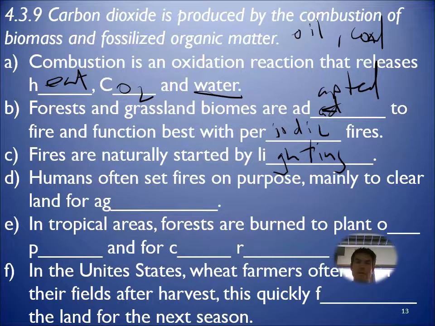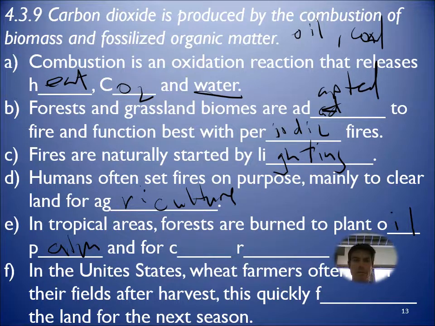And we also like to clear it for agriculture, clearing fields, growing things. In the tropical areas, crops grow because of the sunlight, the water, and there are a lot of unpopulated areas that can be used. But planting oil palms is a big thing right now, and we get into climate change.